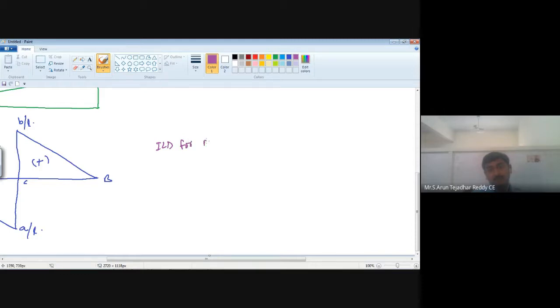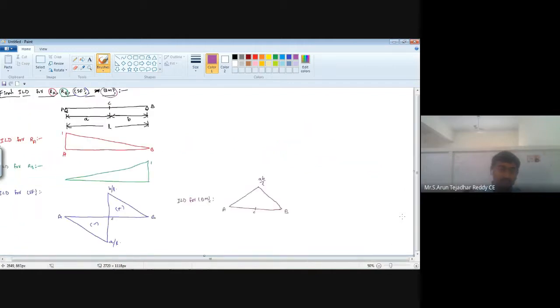ILD for bending moment at C. The maximum ordinate is AB by L. Okay. So these are our final diagrams.